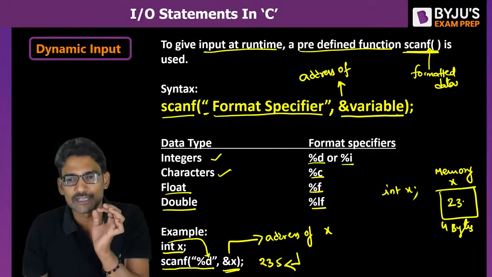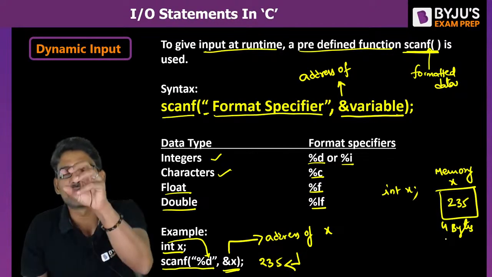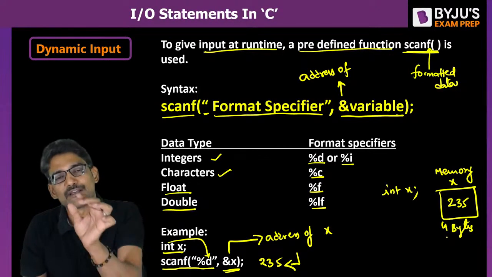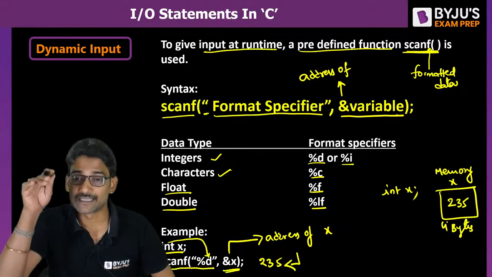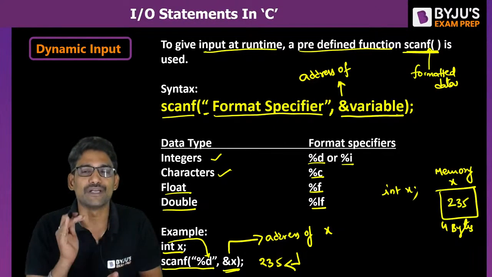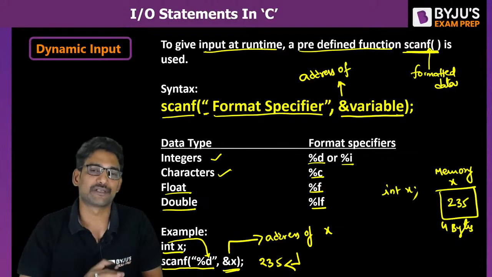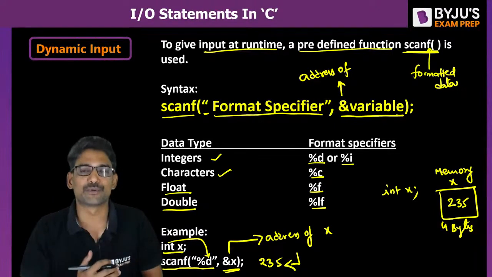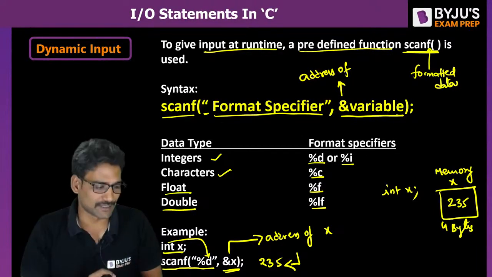So 235 is stored in the address of x, meaning wherever the memory was allocated, at that address this 235 gets stored. Okay. Amarendra Reddy, did you understand better? To indicate the starting point for executing the program, the main function is written.